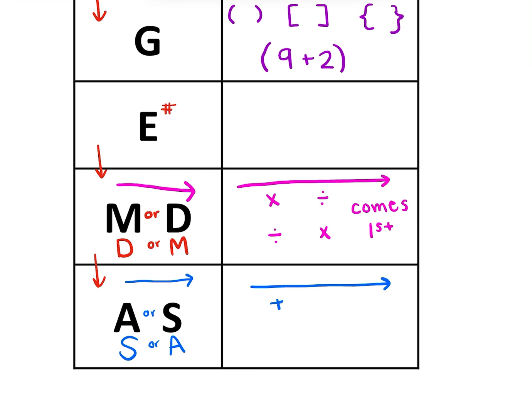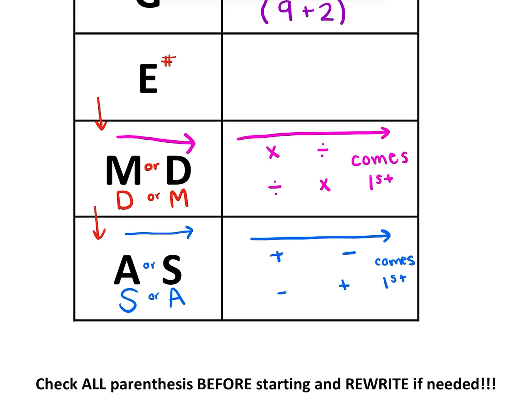So whatever comes first, if you have adding and then subtracting, you would add and then subtract. Or if you had subtract and then add, you do what comes first. So those are the tricky ones. So it's always groupings, exponents, multiply or divide, add or subtract in that order. So this is our OO tower, and that's what we are going to practice.